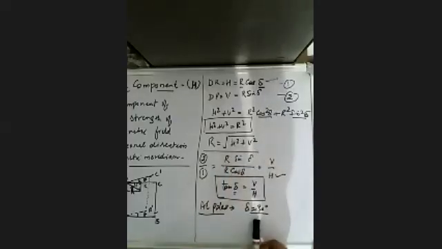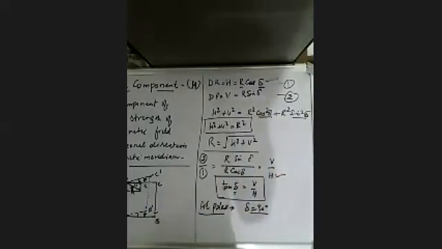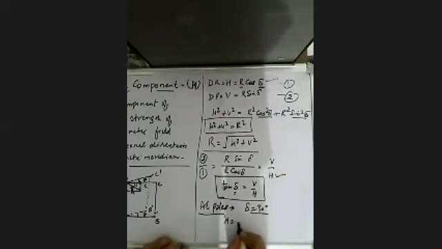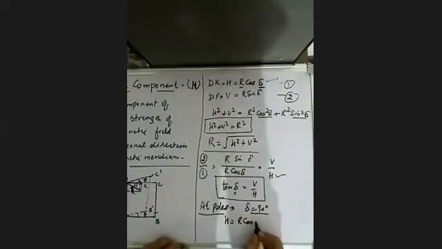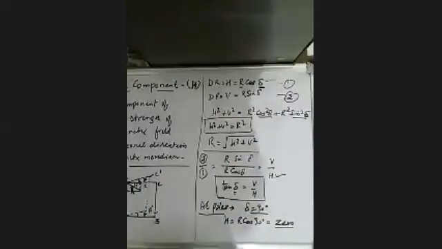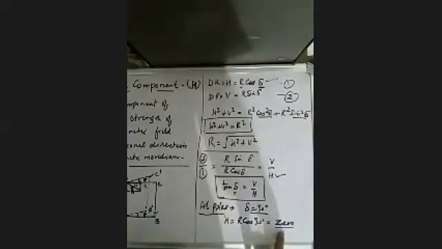So the angle at the poles is 90 degrees. The value of H is R cos 90 degrees, which is equal to 0. Therefore the value of the horizontal component at the pole is 0.